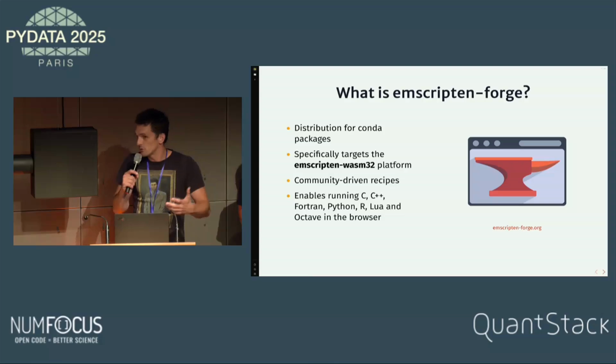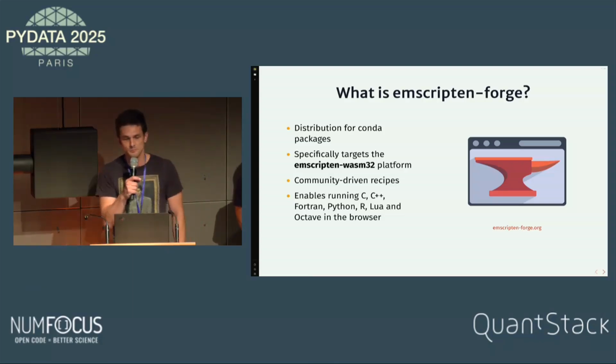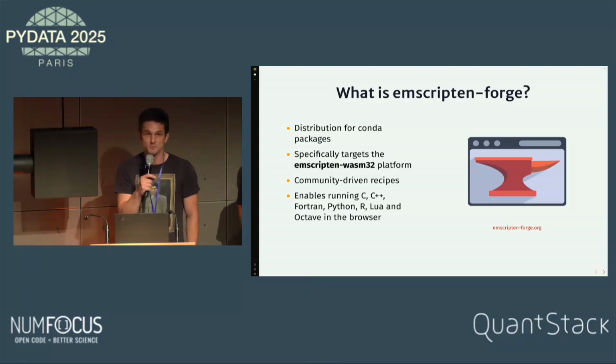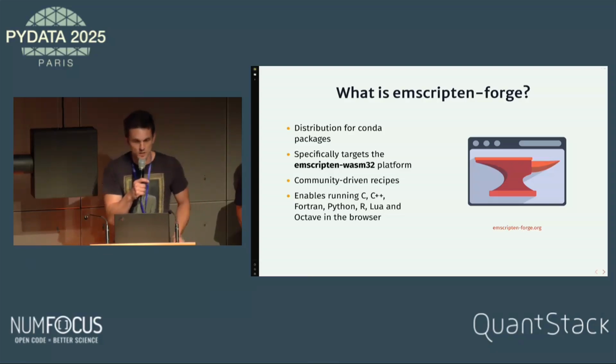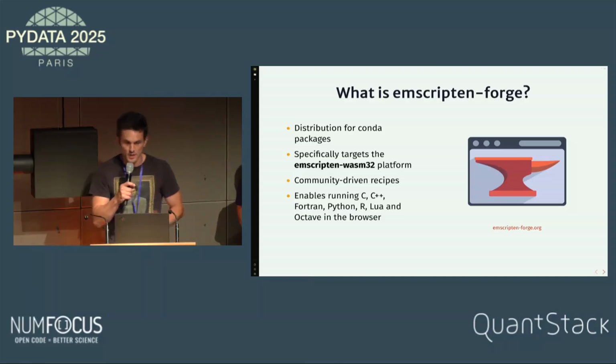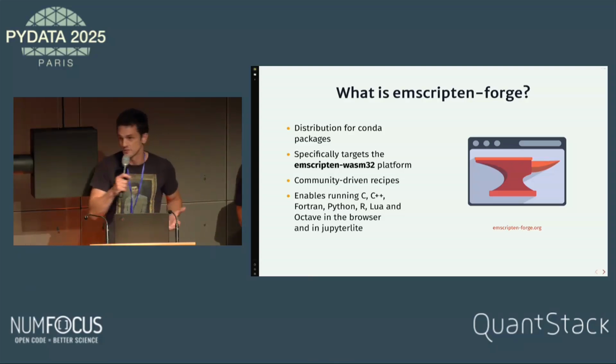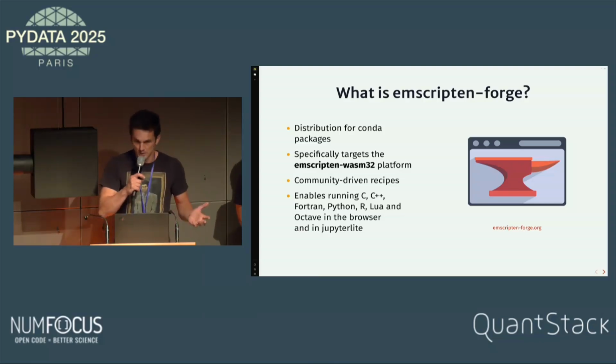You can make pull requests to our GitHub repository, and we will build the recipes. It enables you to run C, C++, Fortran, Python, R, Lua, and many more, Octave for instance, in the browser, but also in JupyterLite. This is what we are mostly interested in at QuantStack, to run these languages in JupyterLite.